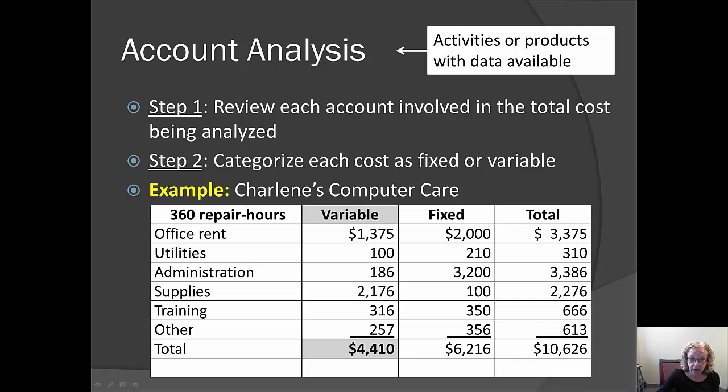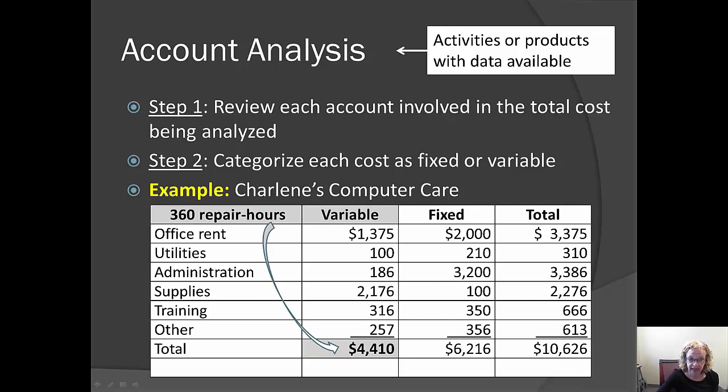For our variable cost, we need to look at some activity measure. In this case, this firm doesn't produce a product. They repair computers. During the period for which we collected data, Charlene's Computer Care used 360 repair hours.